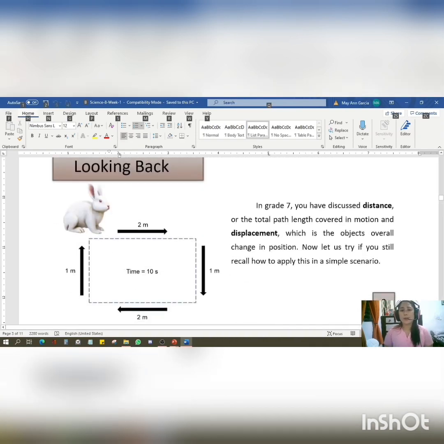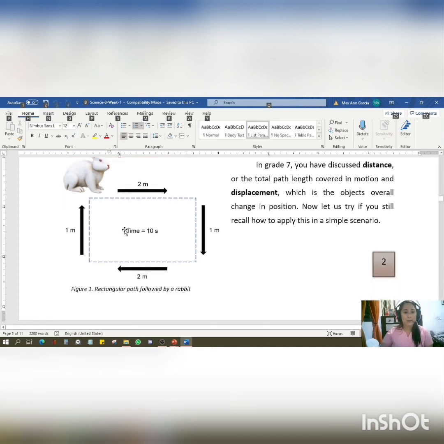In grade 7, you have discussed distance or the total path traveled covered in motion, and displacement, which is the object's overall change in the position. Now, let us try to find out if you still remember this kind of simple scenario. So, we have here a bunny rabbit that is traveling in a rectangular path.